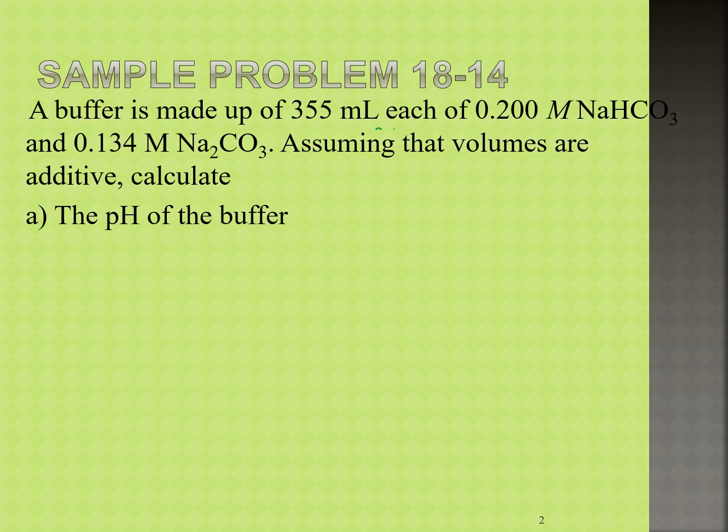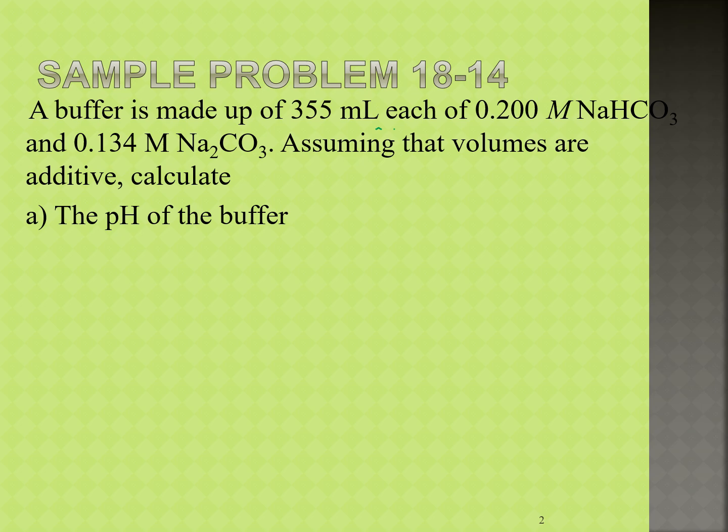Well, let's start here with sample problem 18-14, and we still have another sample problem in this podcast to do as well. In this one you have a buffer of 355 mL of both 0.2 molar NaHCO3 and 0.134 molar Na2CO3.